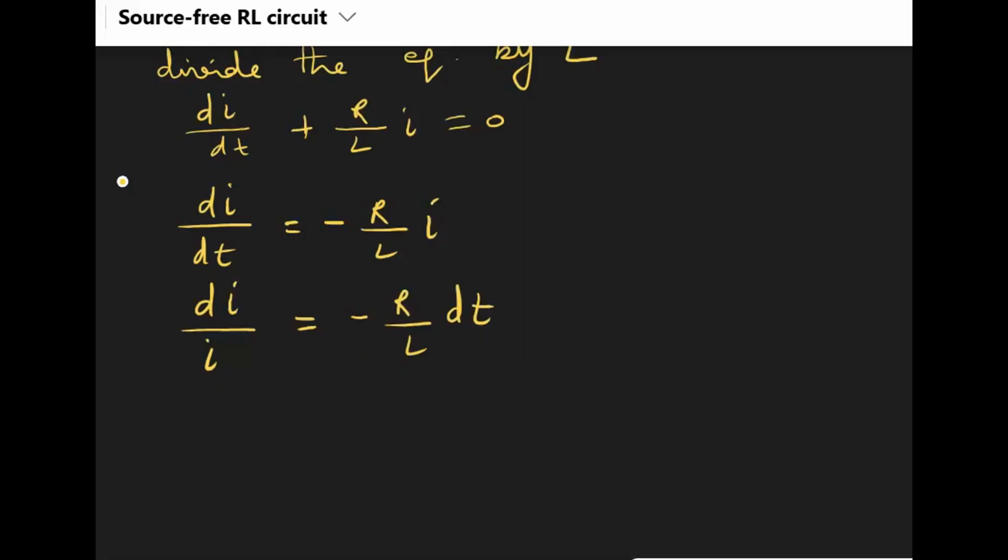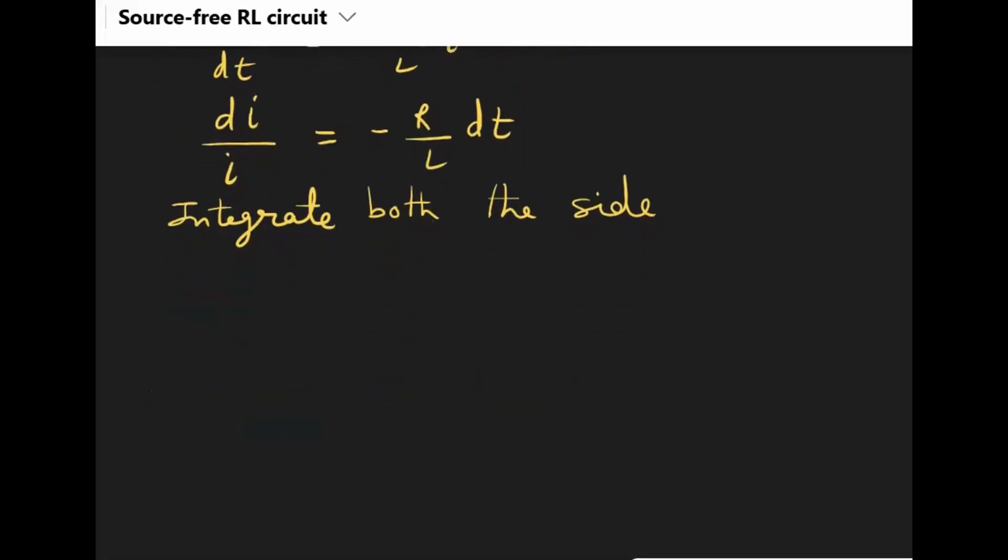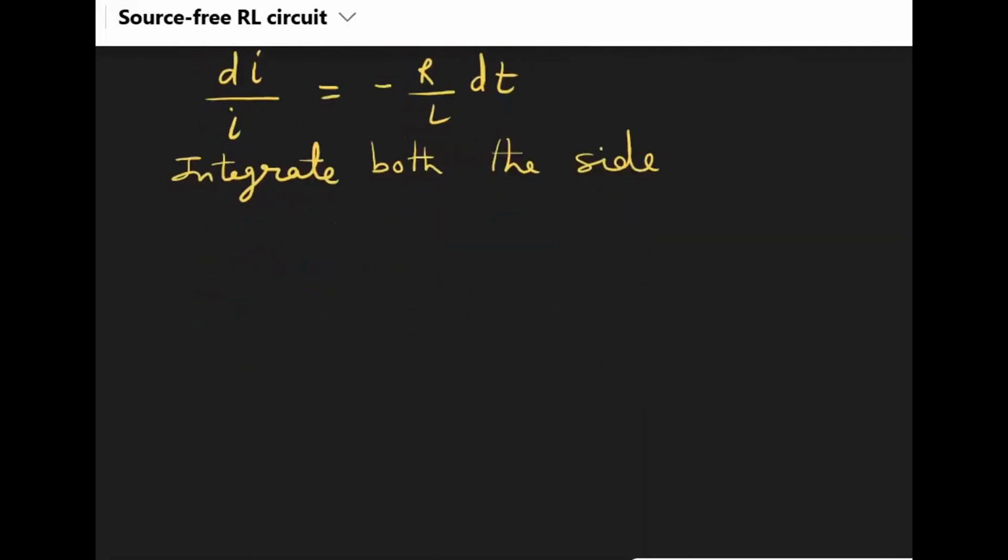The next step is to integrate both sides. The left side is integrated with respect to I, so the integral of 1 upon I with respect to I, and on the right hand side with respect to t.